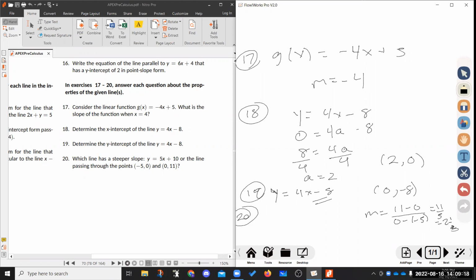Two and a fifth, 2.1, let's call it 2.2. That first line has a slope of 5. 5 is further away from 0 than 2.2 is, so this is steeper.